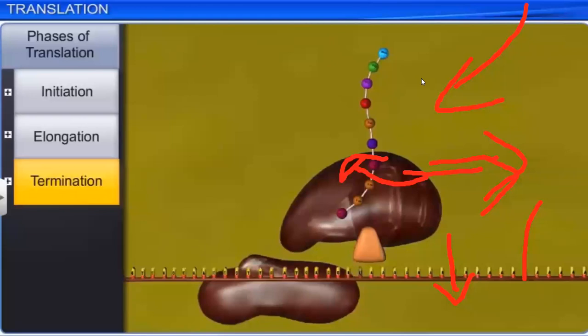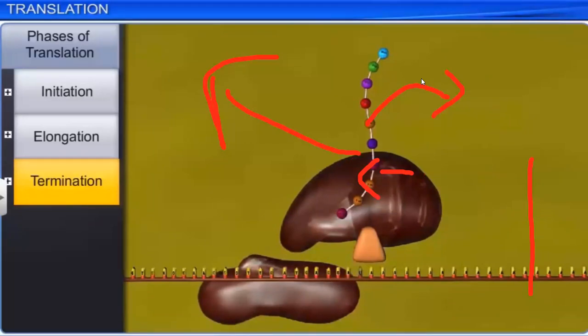Okay, now the tRNAs, when they move from the first site to the second site, transfer the amino group with the peptide bond, and then move out. Again it is ready to take another one. This process happens till the codon which reads for stop, called stop codons.